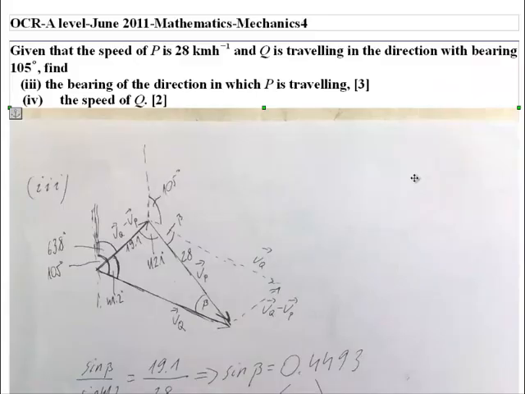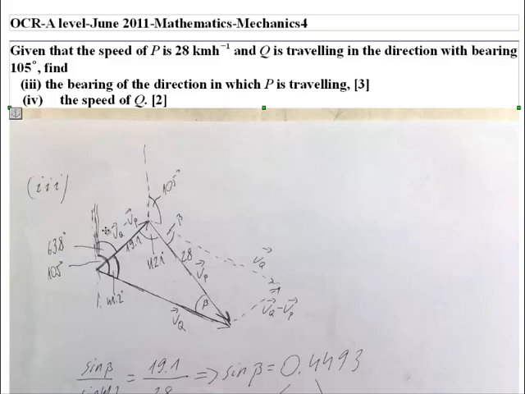Given that the speed of P is 28 kilometers per hour and Q is traveling in the direction with bearing 105 degrees, find the bearing of the direction in which P is traveling, and the speed of Q. So what we've got, this is our figure.